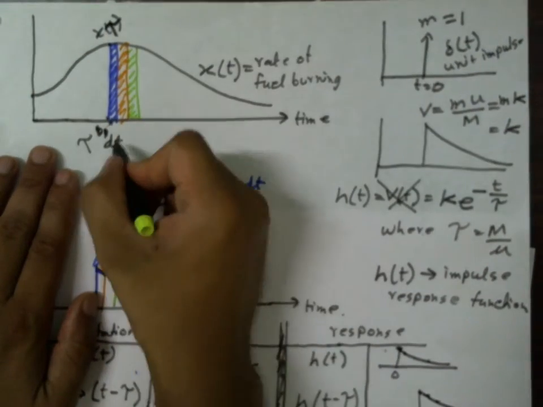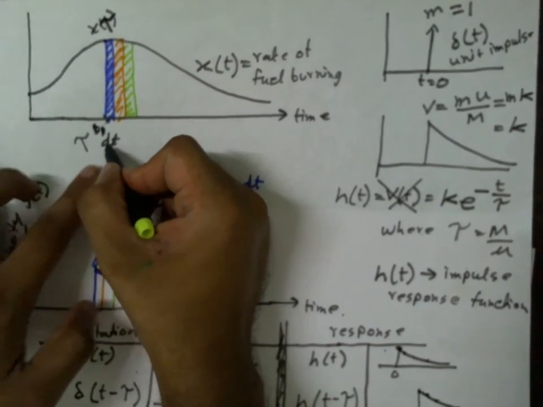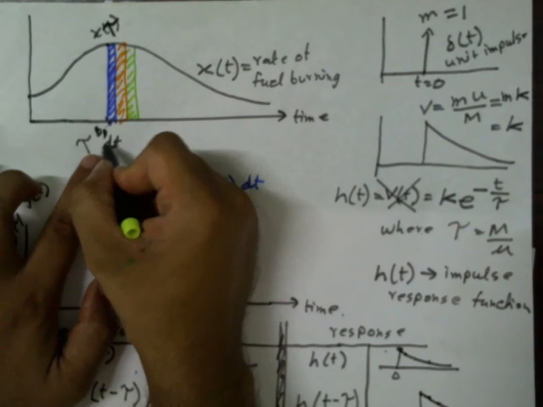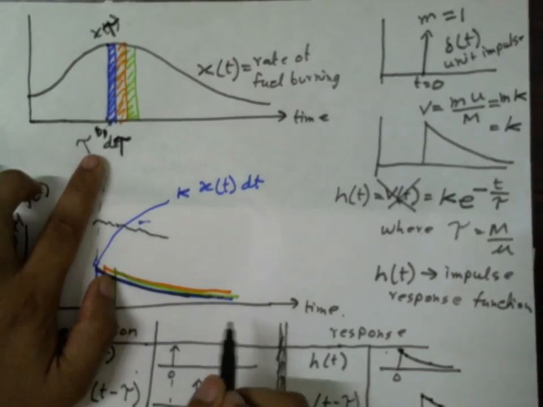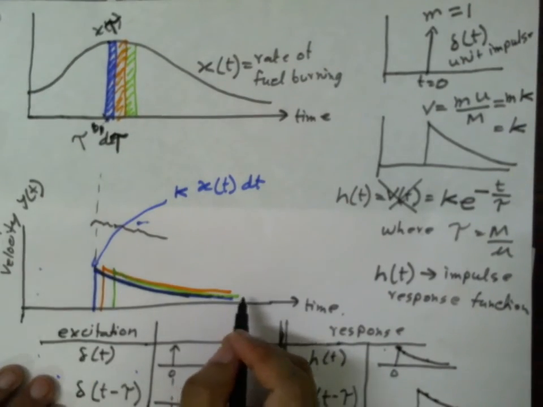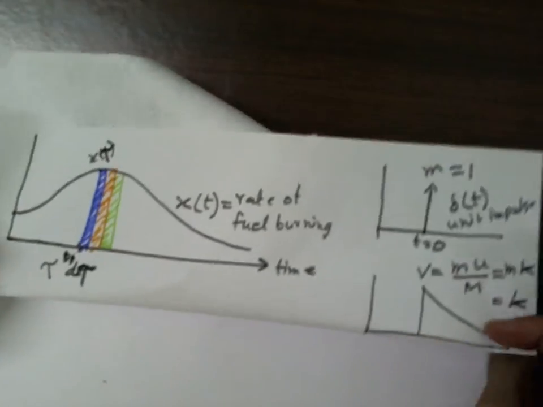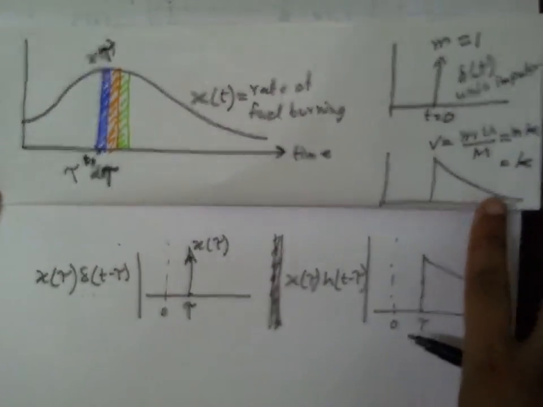And let me call this width delta tau. Okay, not dt but d tau, right?